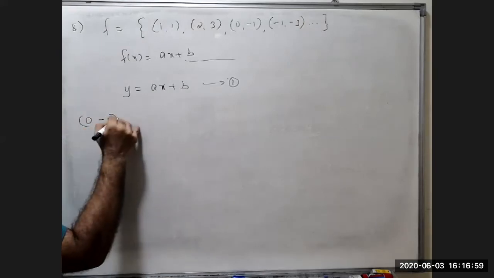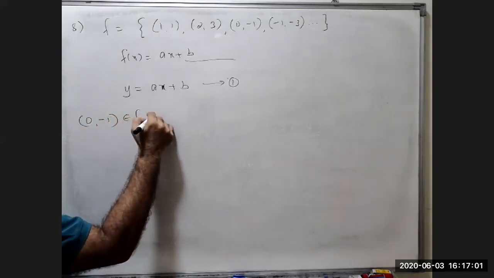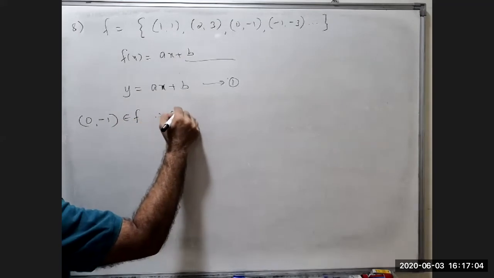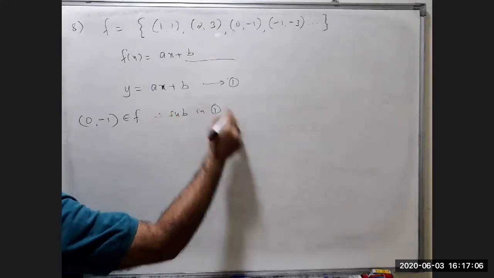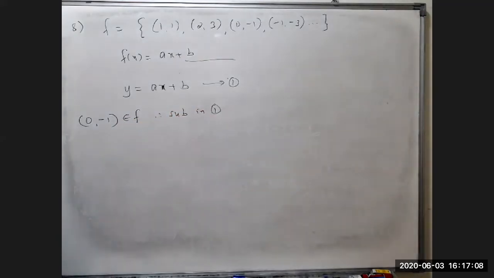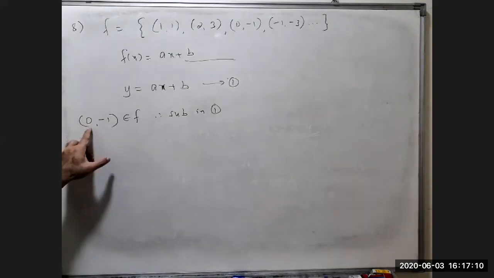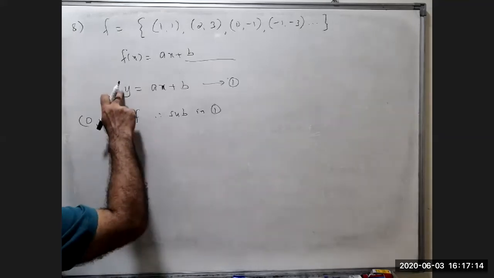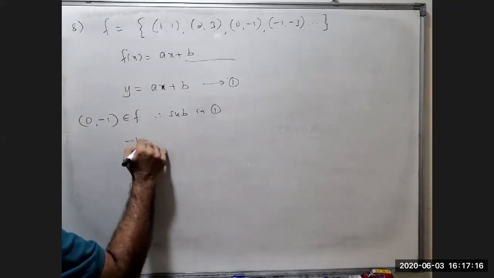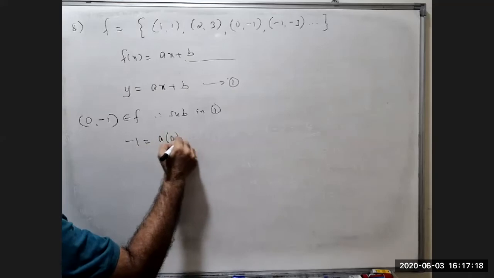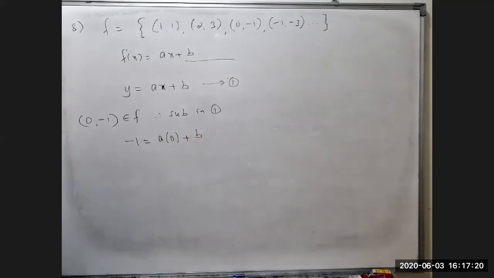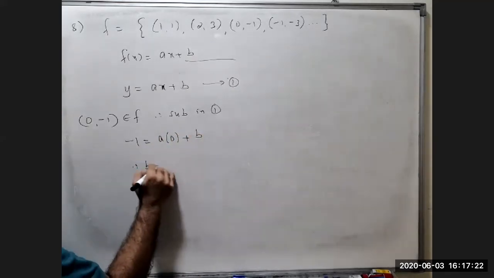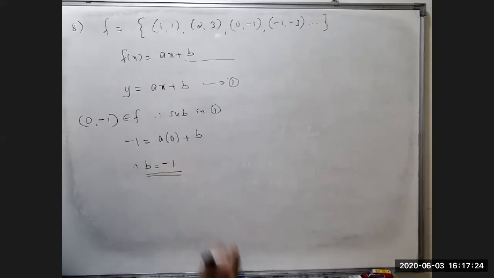Therefore, substituting in 1, x is 0 and y is minus 1. So minus 1 is equal to a into 0 plus b. That means b is equal to minus 1.